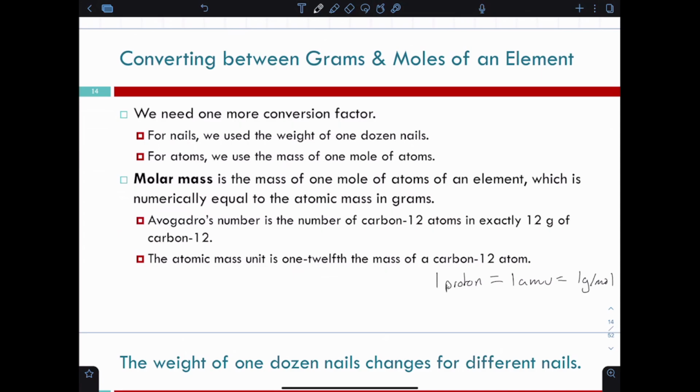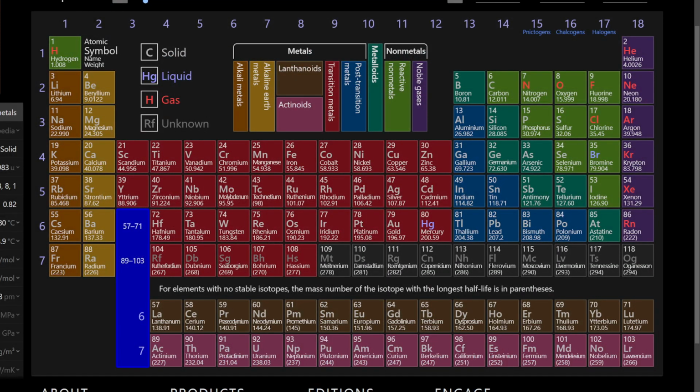So if you had 1 mole of protons, they would weigh 1 gram. So this is the link here. If we go back to the periodic table, all of these atomic masses are also the molar masses in units of grams per 1 mole.